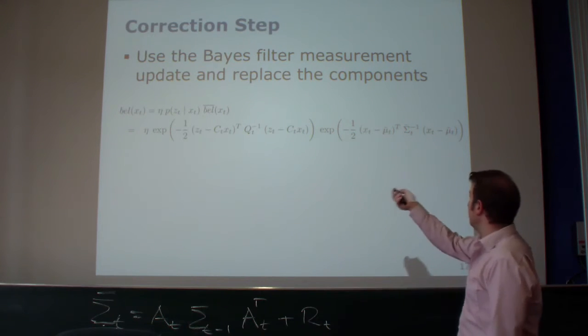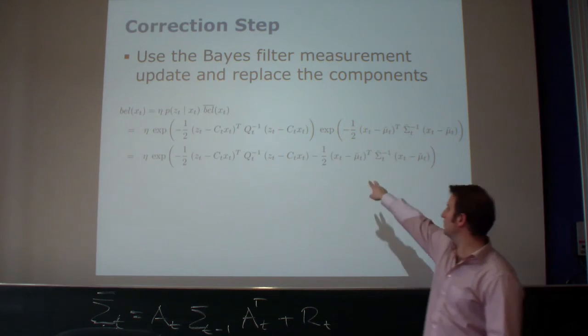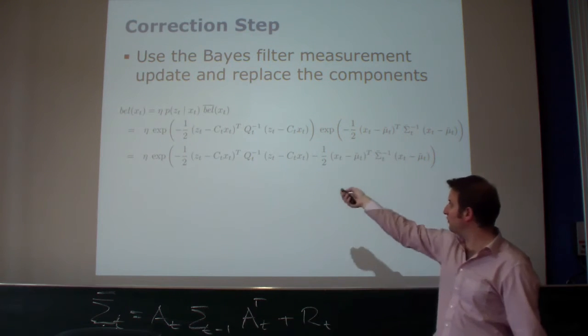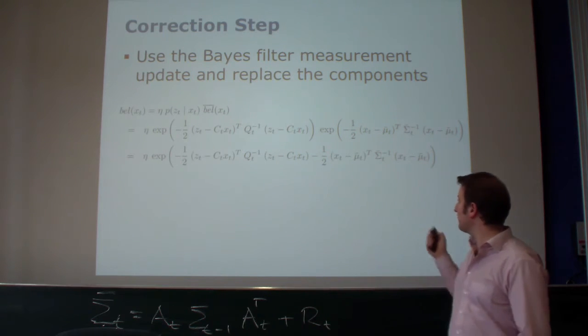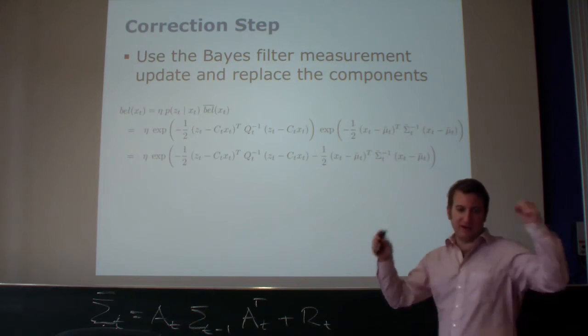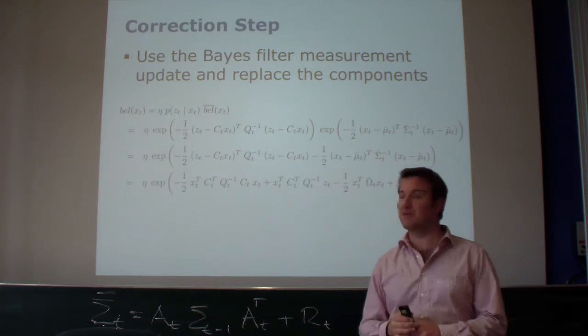Okay, you can simply join those two terms into one big term. This is a product of two exponential functions. You can simply join their exponents, and now we can actually make a big multiplication, taking all those terms out. We may end up with something like this.